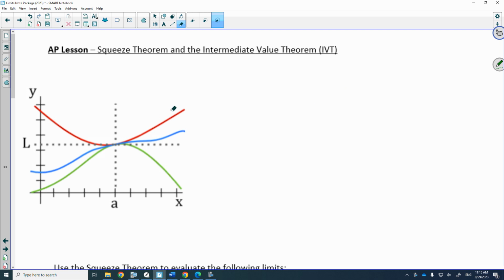So what I have here is three different functions. I'm going to call my top function g of x. I'll call the function that's being squeezed in the middle f of x, and then my lower function, sorry, h of x.